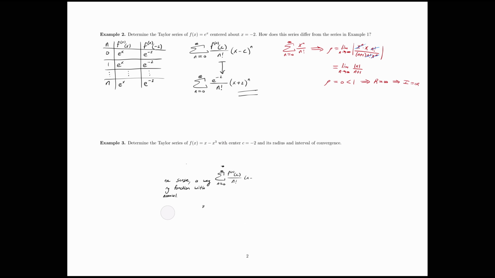So looking back at this problem, remember, in order to write down the Taylor series, in general, it's the nth derivative at our center value over n factorial x minus our center to the n from n equals 0 to infinity.